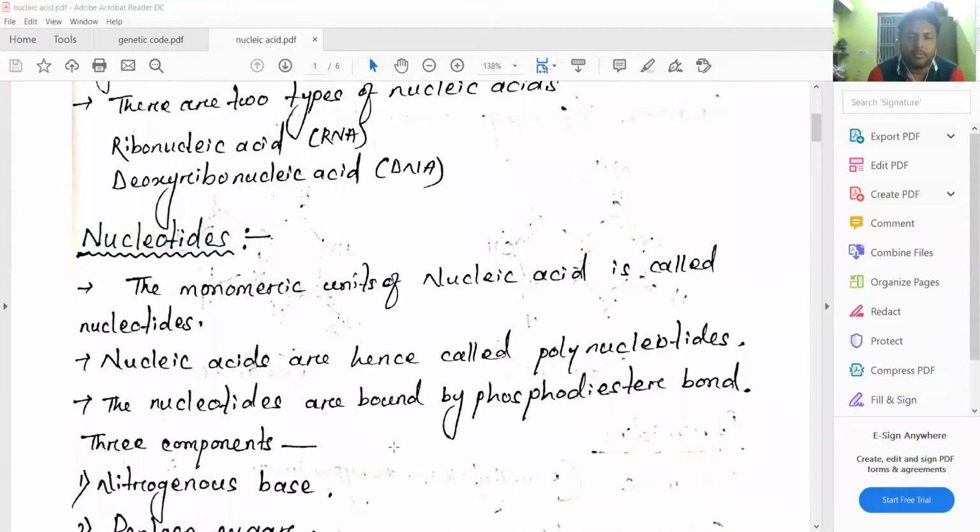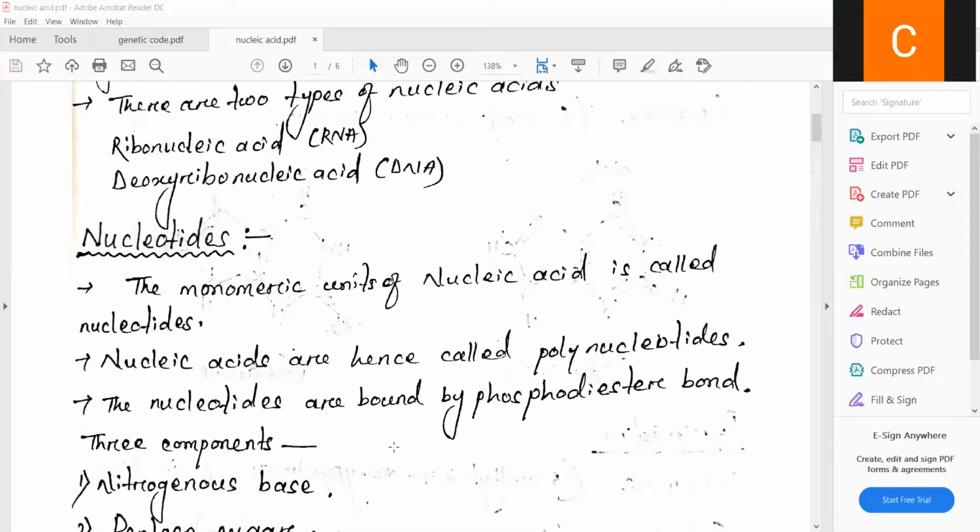What is the difference between nucleotide and nucleoside? Nucleotides consist of nitrogenous bases, that is A, T, G, C, U, a pentose sugar, and a phosphate molecule.